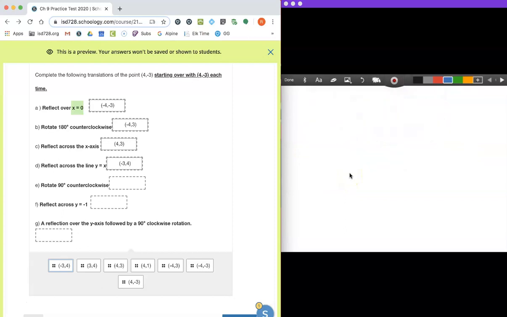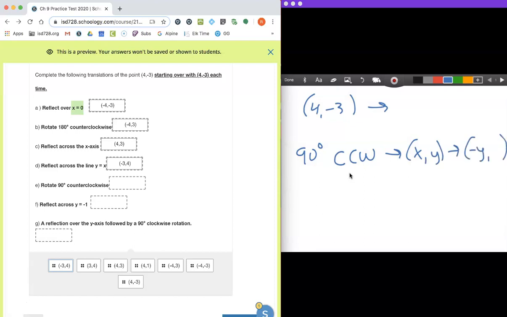Let's see. We have (4, -3). This time, we're going to see where it lands when we rotate 90 degrees counterclockwise. We take our (x, y), reverse them, and take the opposite of y, so we leave x the same and put it second.